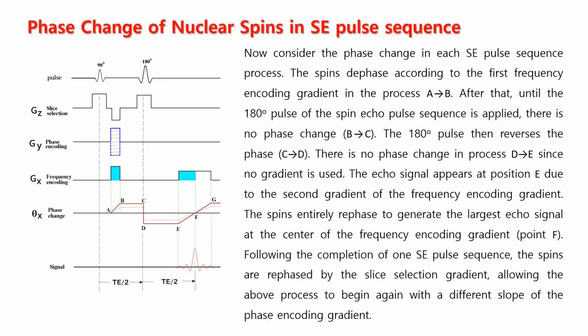Now consider the phase change in each spin echo pulse sequence process. The phase change in the x direction, theta x, for this direction, the frequency encoding direction.